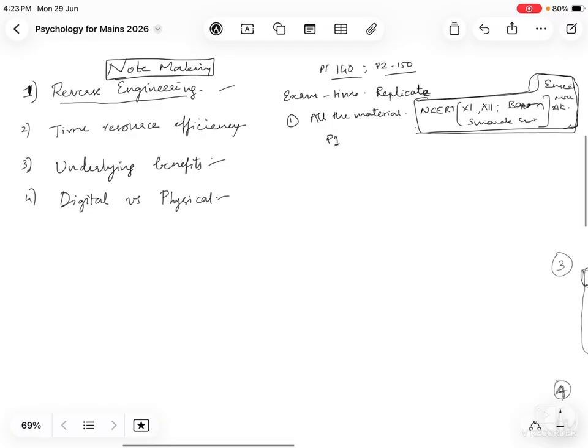So once you go through NCERT 11, 12th and one reference book, which is Baron for me and CSE for others, look at the PYQs and cover any missed topics from the NCERT website. ChatGPT, आजकल ChatGPT आ गया, so it's very easy for you to suffice any missing topics from these conventional books. So when you look at the PYQs, you'll understand the depth and breadth of knowledge required to answer those questions.